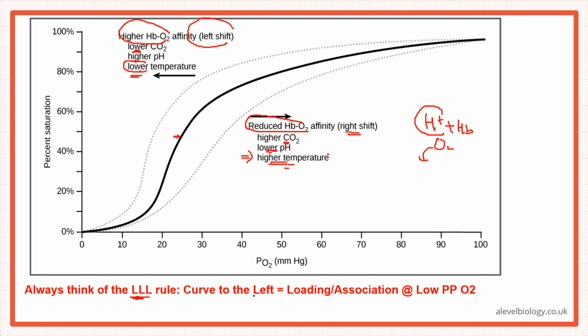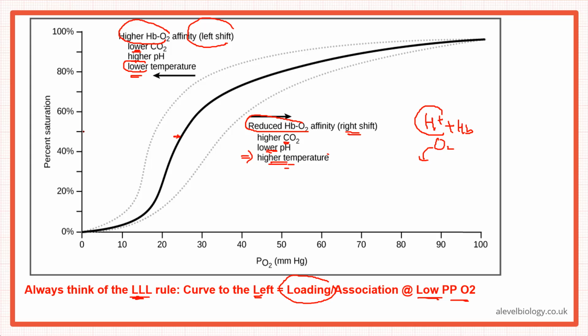If the curve is shifted towards the left, it means oxygen loading is happening here. Oxygen is being loaded onto the hemoglobin. And how does oxygen get loaded to the hemoglobin? It gets done at low partial pressure of oxygen. So you can see that, for example, let's say this is 50%.